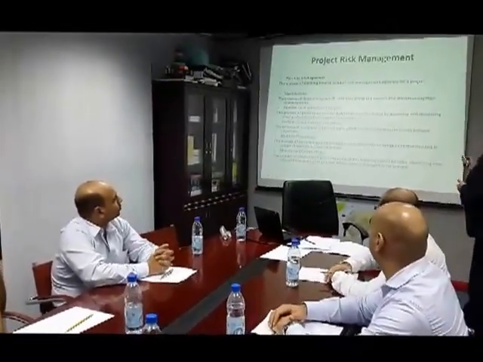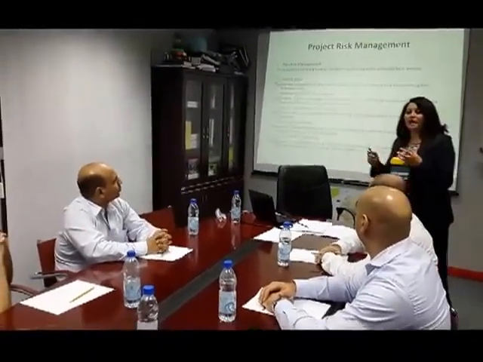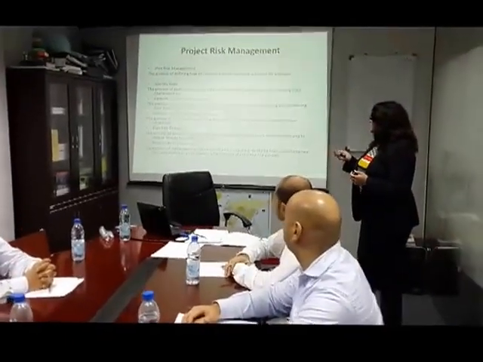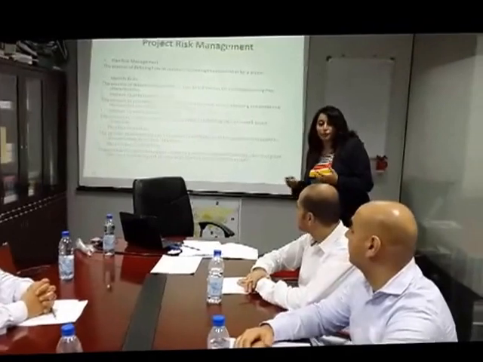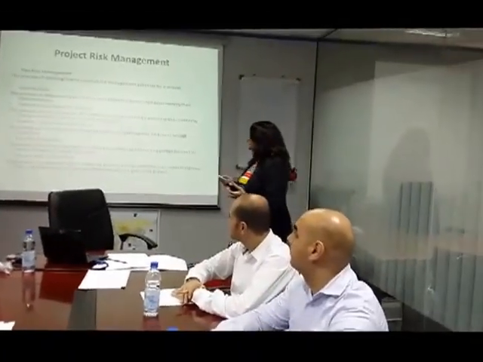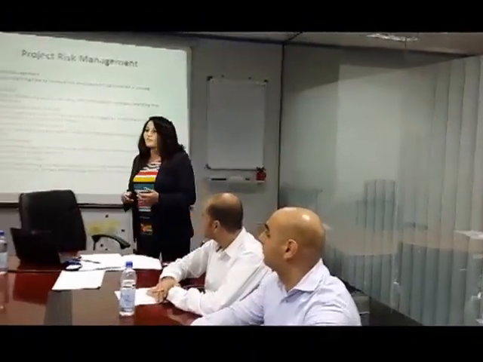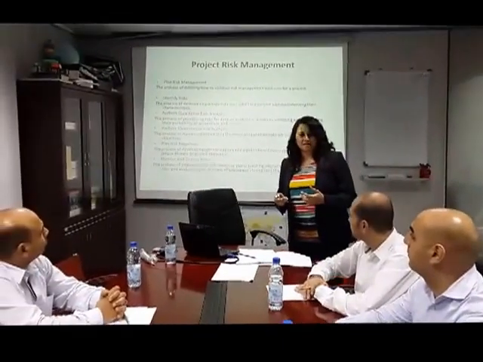Qualitative risk analysis is the process of prioritizing risks. We want to know which risks have high priority in a project so that we can attend to them sooner than other risks.